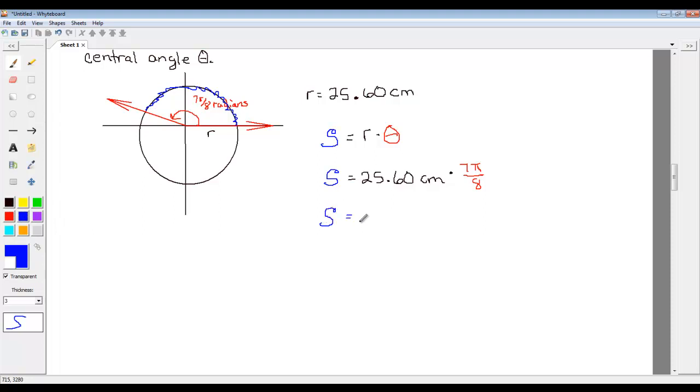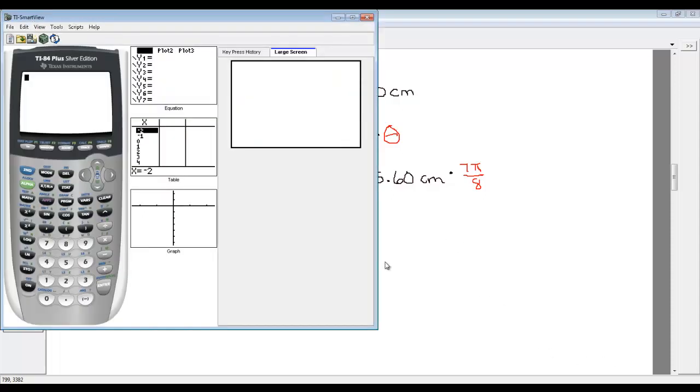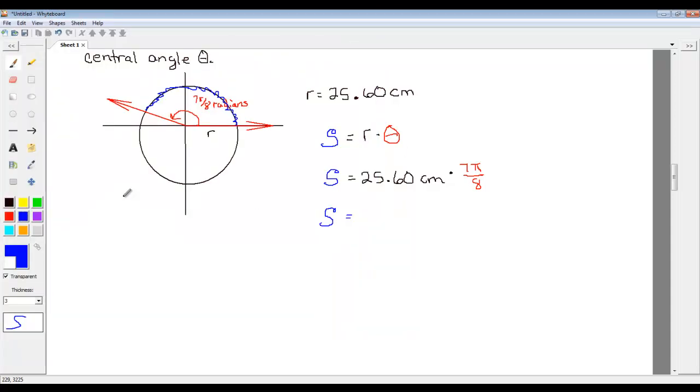Let's just put it in the calculator. 25.6 times 7 pi over 8. And our original problem, the 25.60 had 4 significant digits, so let's round to 2 places, 70.37 centimeters.